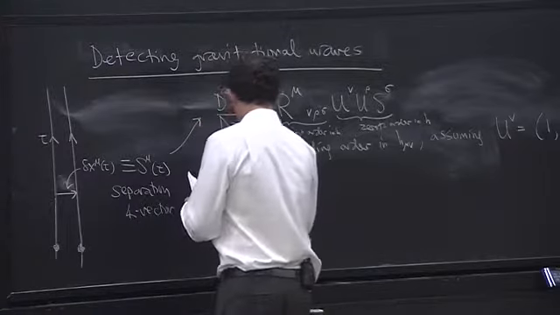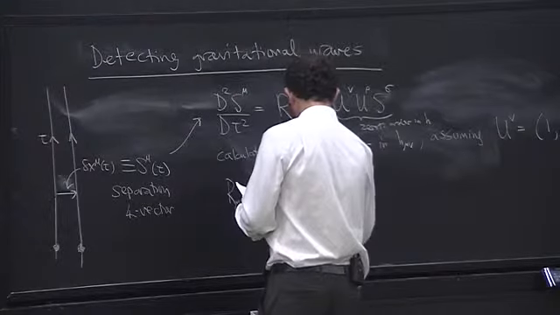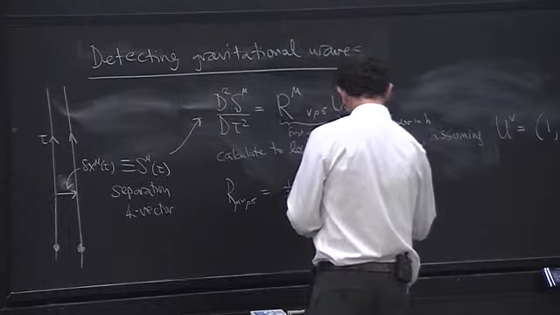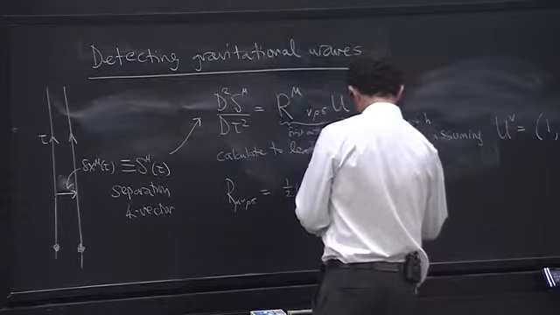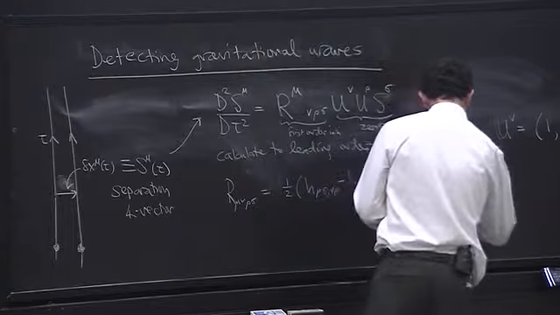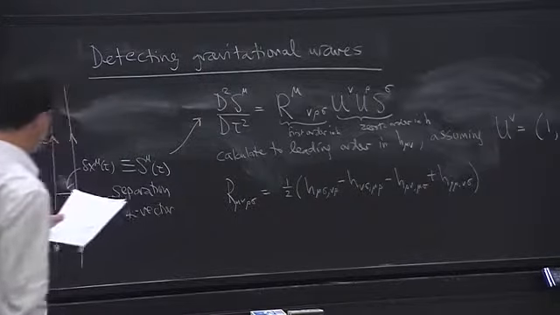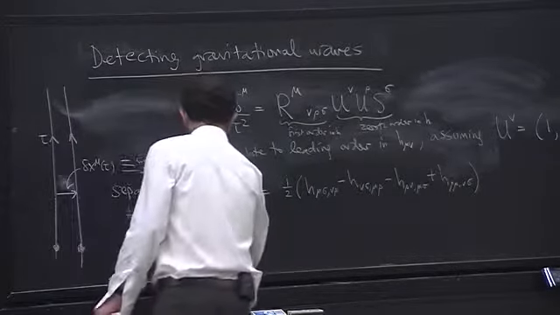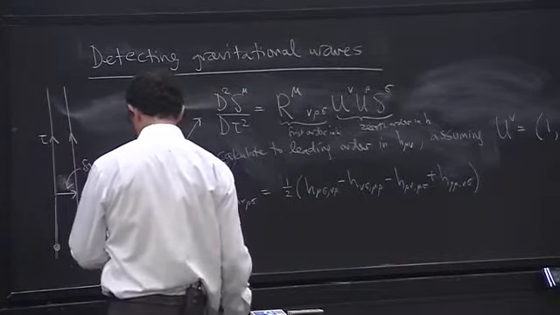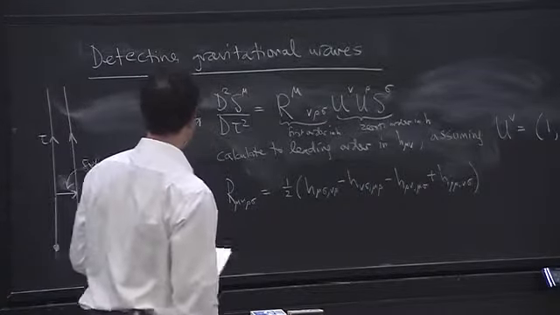So we already worked out this R mu nu rho sigma. It's equal to 1/2 (h mu sigma, nu rho minus h nu sigma, mu rho minus h rho nu, mu sigma plus h rho mu, nu sigma). And in TT gauge, where h 0 mu equals 0, there are no 0 components of h mu nu.